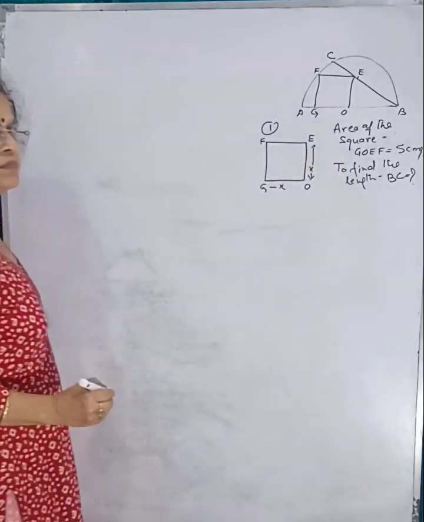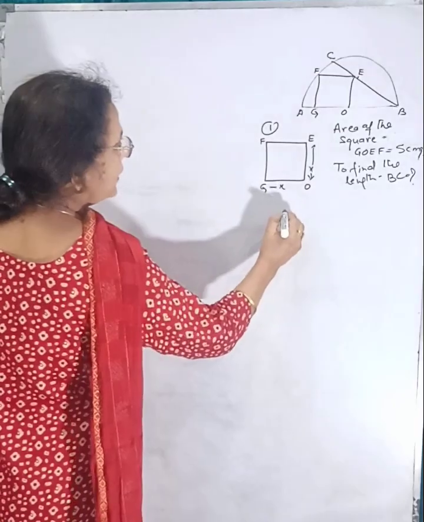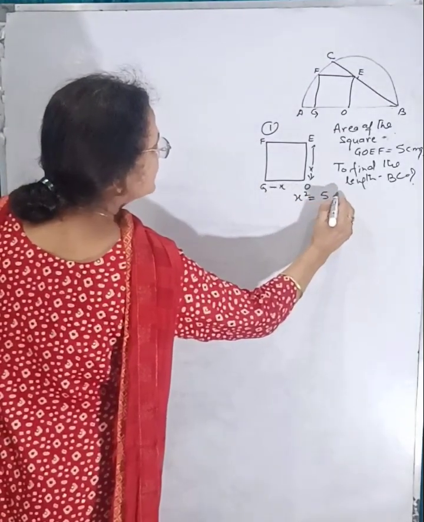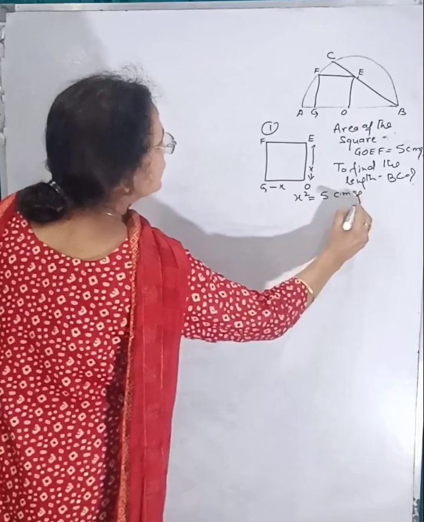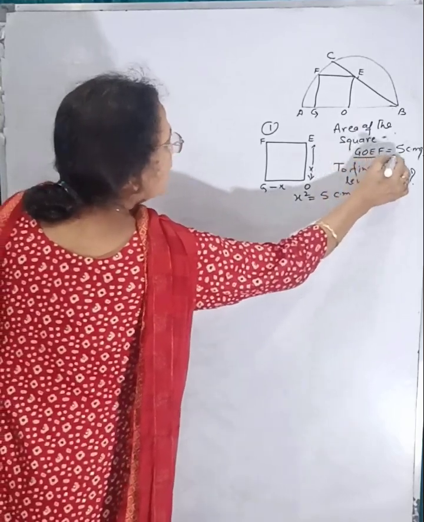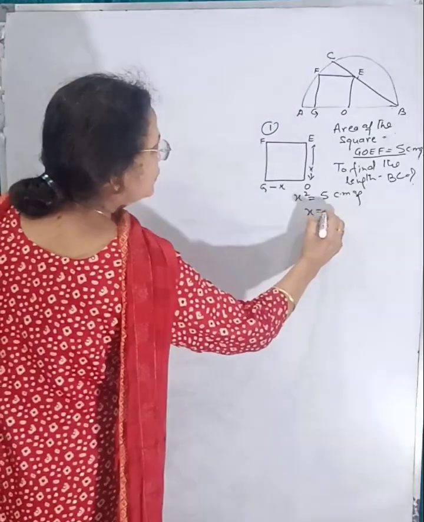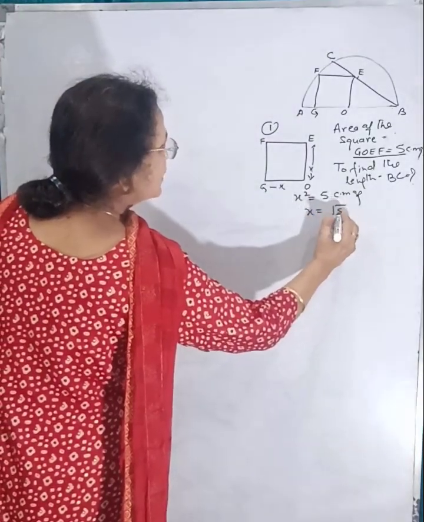Clear? It means x square is equal to 5 cm square, the area of the square given to us. It means x will be equal to root of 5.